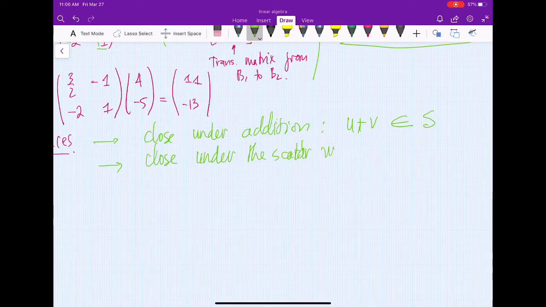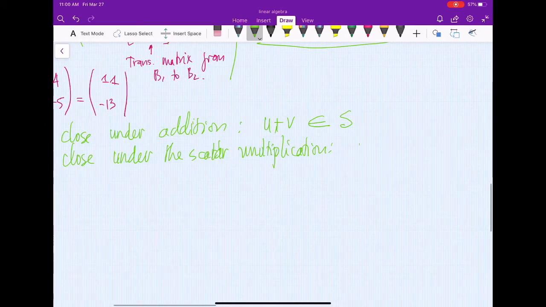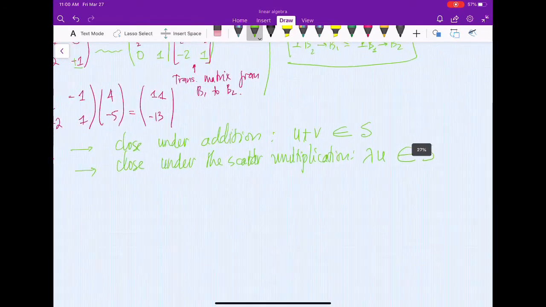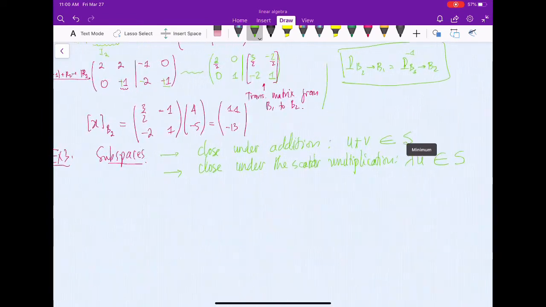What does it mean? That means you pick some vector, you multiply with some scalar, you still have a vector in that set. So once the set satisfies two properties, that will be a subspace.